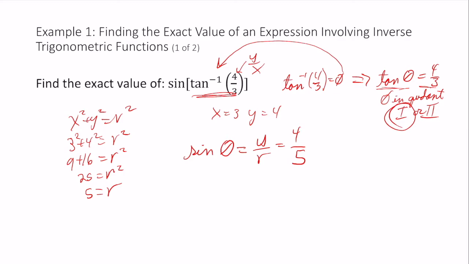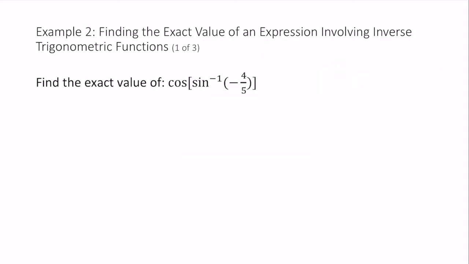Let's work through another example. What if I want to find the cosine of arcsine of -4/5? So sine inverse of -4/5 is theta, because sine of theta equals -4/5.